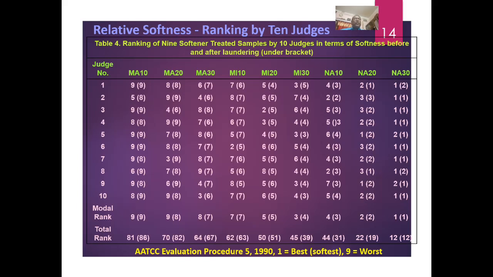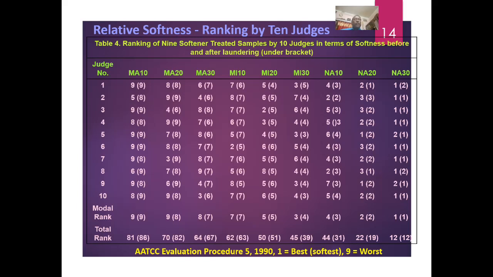If we see the modal rank, the first rank is 30 grams per liter nano, then second position 20 grams per liter nano, and third there is a confusion as they are very similar. The average modal third is 30 grams per liter micro softener and 10 grams per liter nano softener.